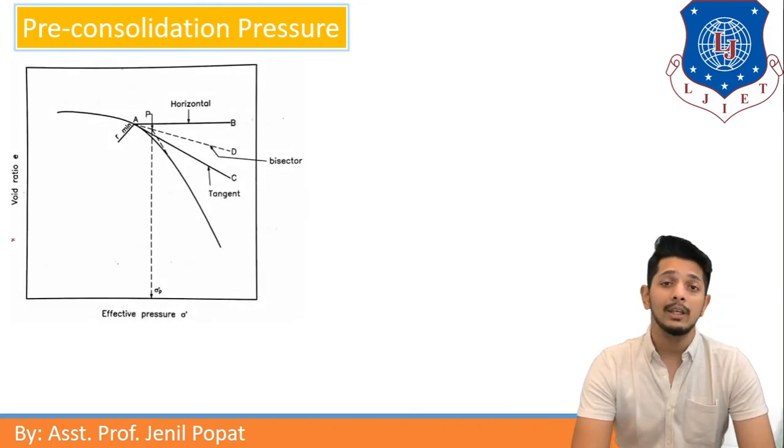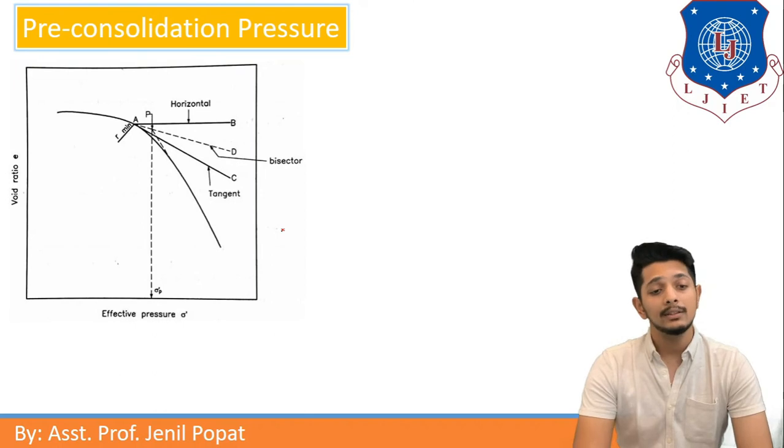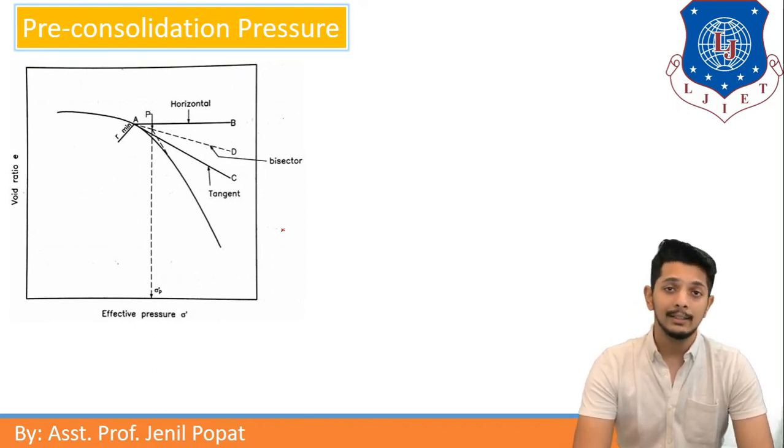Through this graph, we can determine pre-consolidation pressure. This graph is between void ratio and effective pressure sigma dash. It is obtained from a consolidometer test for consolidation of an undisturbed clay sample, and it is plotted on a semi-logarithmic graph.